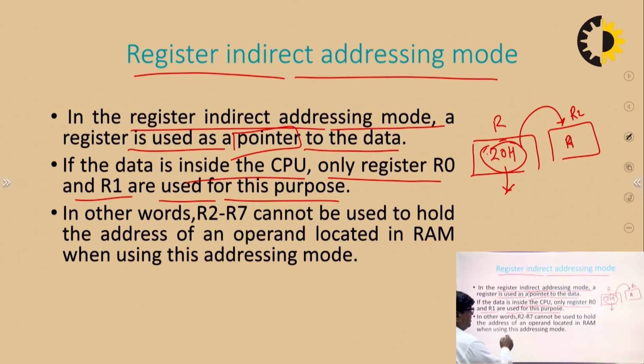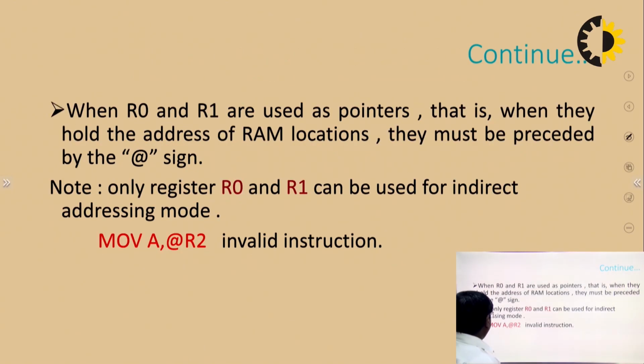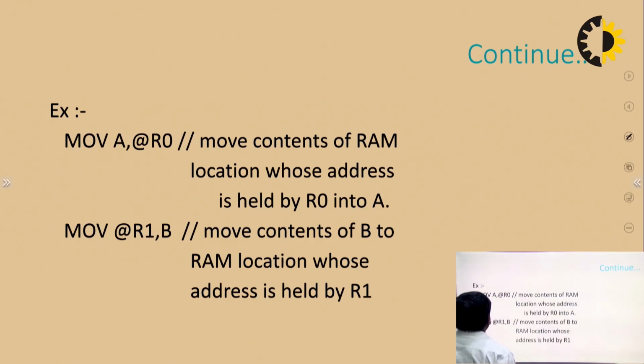In other words, R2 to R7 cannot be used to hold the address of the operand. It is located in RAM using this addressing mode. Now, the best example of this is an invalid instruction. Now, this one is a valid instruction.